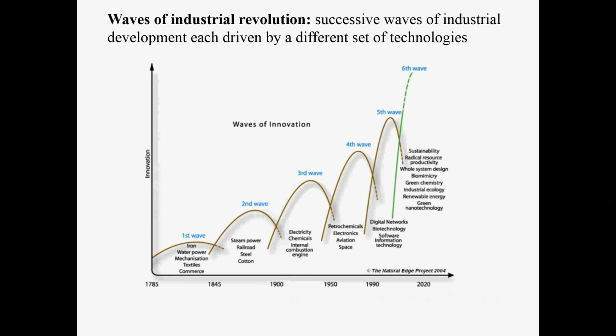And many people, when they talk about the industrial revolution, believe that it's not just one continuous movement. It actually comes in waves. That is, there are ups and downs.